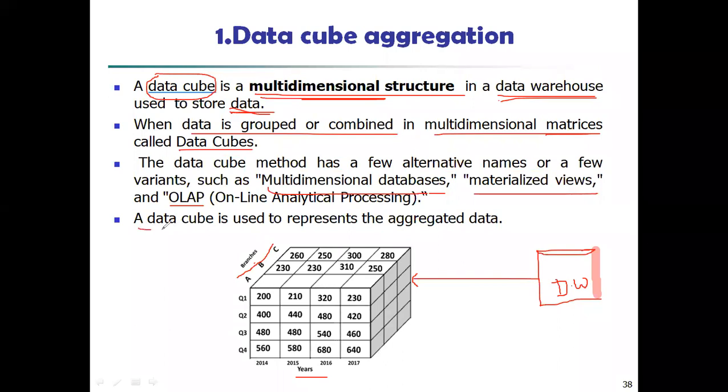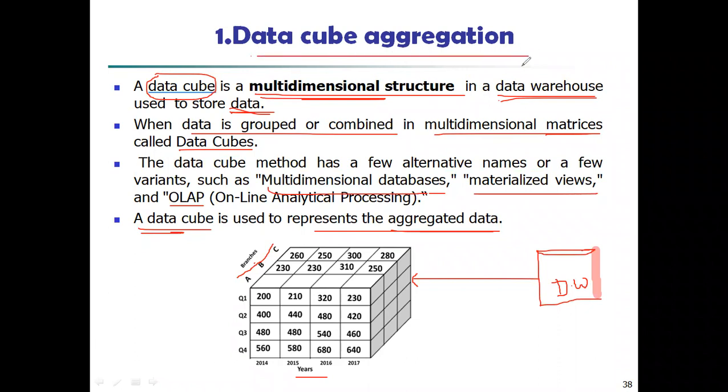And a data cube is used to represent the aggregated data. Why are we using this data cube? This data cube is used to represent the aggregated data. So what is our heading here? Data cube aggregation.